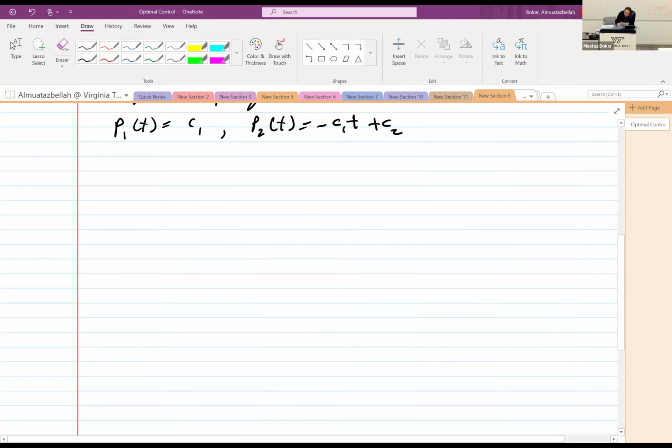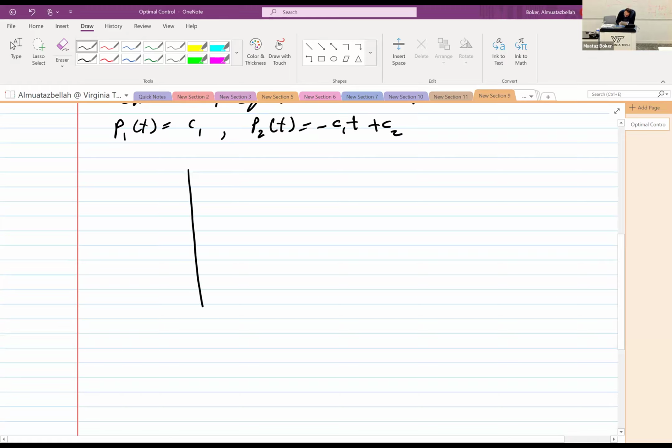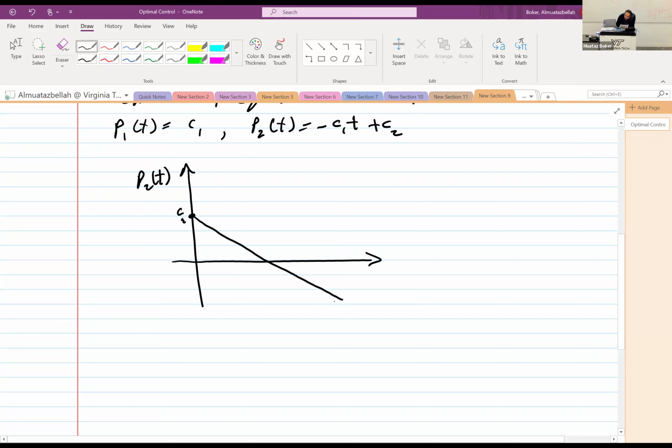So anyway, if I sketch here P2 of t, you'll see that it starts with C2 here, and it's a line, right? And that line has a negative slope, and so this is time, and this is P2 of t, and this is 0.